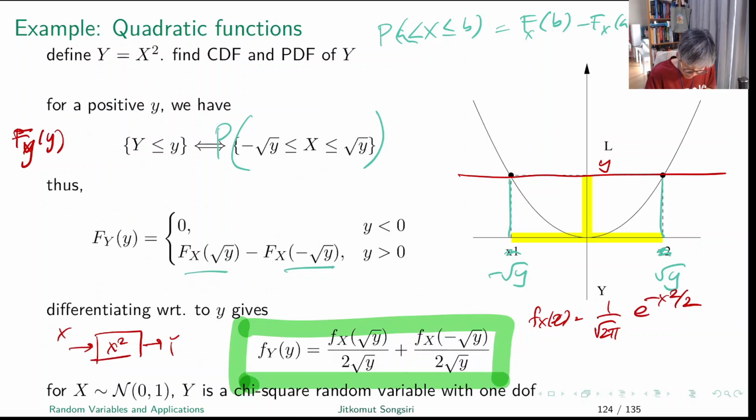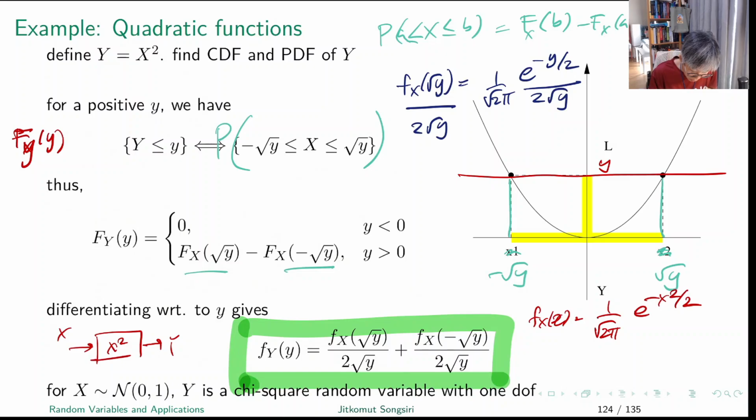If I plug that in, f_X at square root y is going to be this, right? With the 2 square root y in the denominator. When I add the second term, the minus square root y, when it goes in this function, it gives you the same expression.